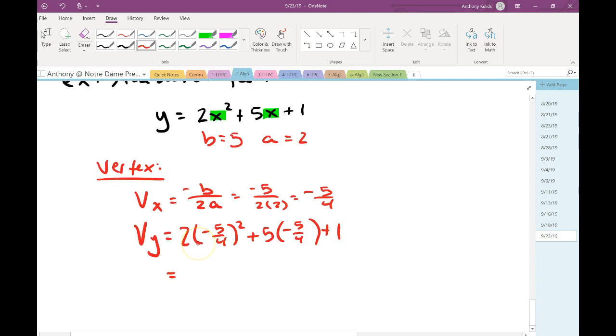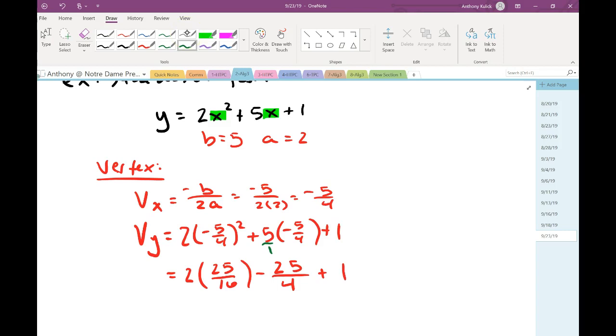So, negative 5 over 4 squared. To do that, I can just square the numerator and square the denominator. And then to multiply fractions, I'm going to multiply the numerators together and the denominators together. So negative 5 times negative 5 is 25, and 4 times 4 is 16. So that plus 1 there.